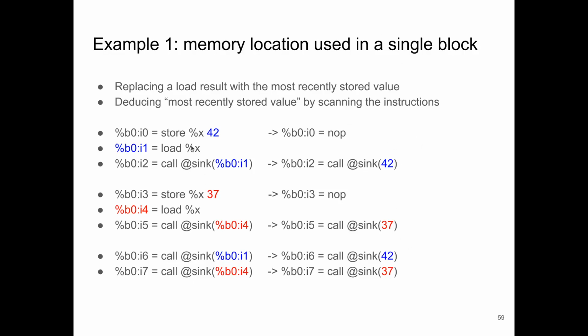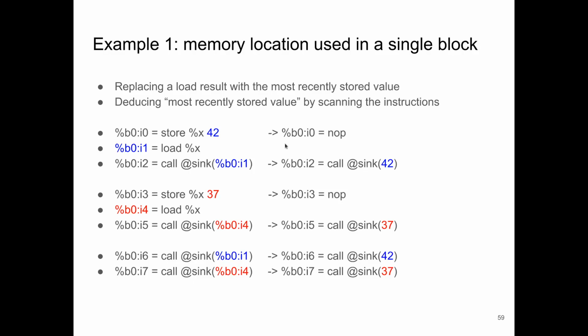So here we are at the beginning of this block. Let's say the left-hand side is the original program, and the right-hand side is the expected output of the register promotion optimization. On the left-hand side, at the beginning of the block, we are going to store the value 42 into the location x.